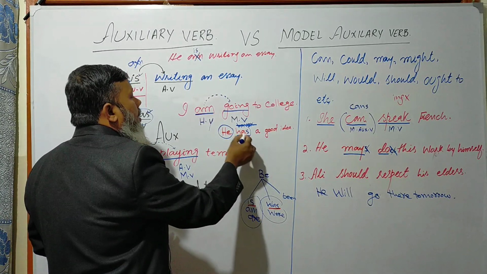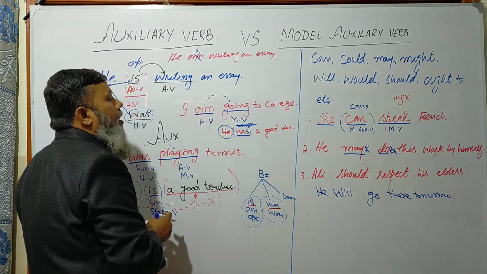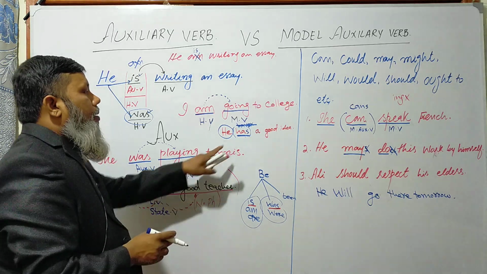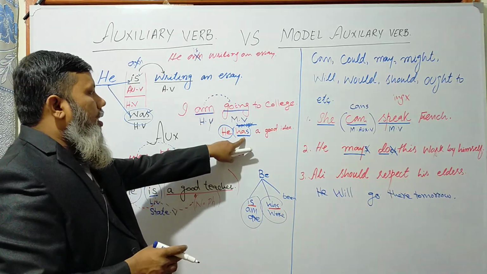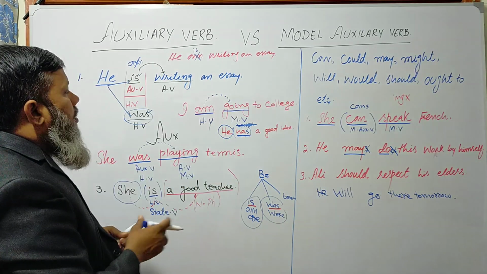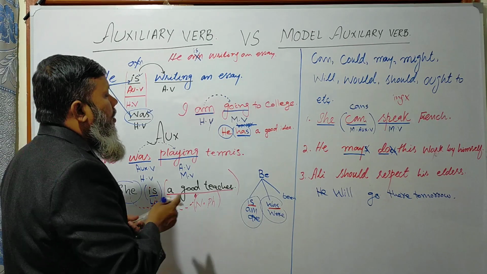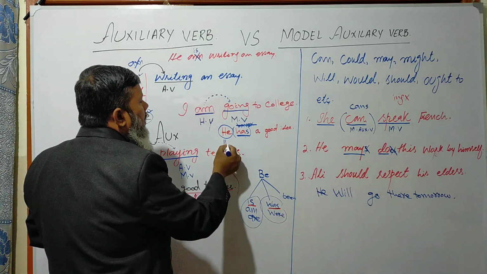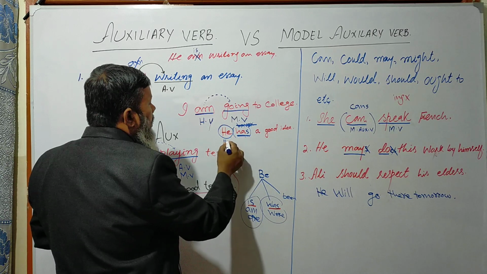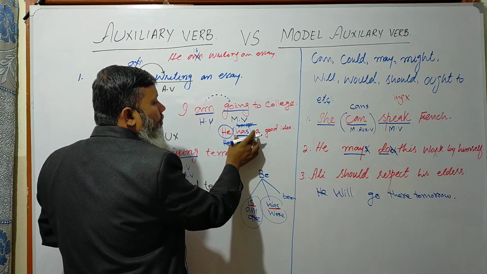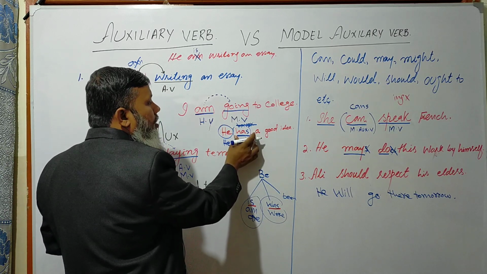So here has is used as a possessive verb, or we can use it as an auxiliary verb. It is only a possessive verb or state here, but it is not an auxiliary.